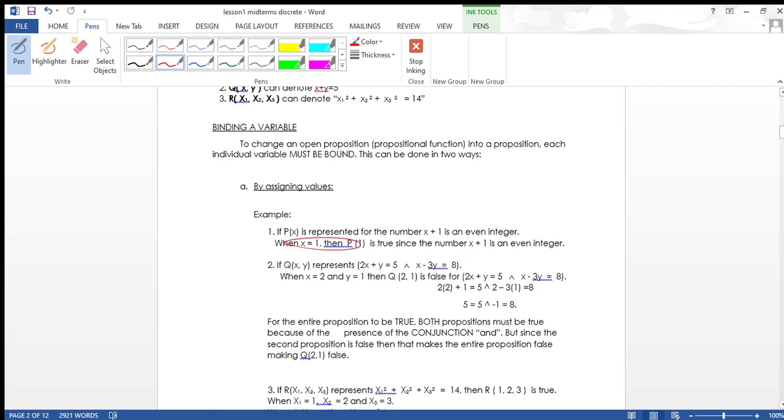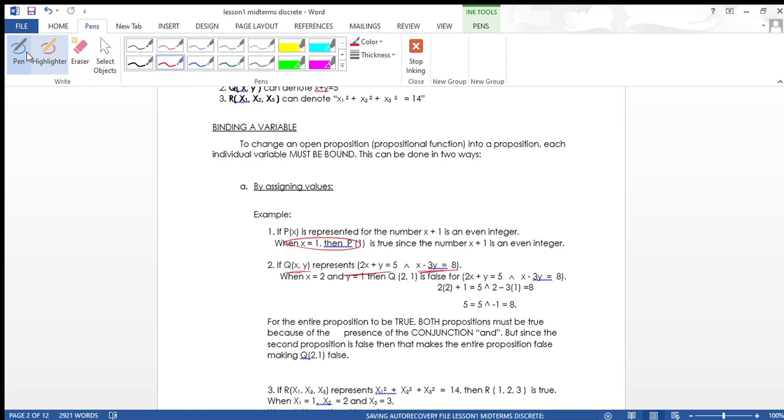Another example, if we have q of xy, so our function is q, we have two variables x and y, and this is represented by 2x plus y equals 5, and x minus 3y is equal to 8. So we still have our conjunction. Okay.